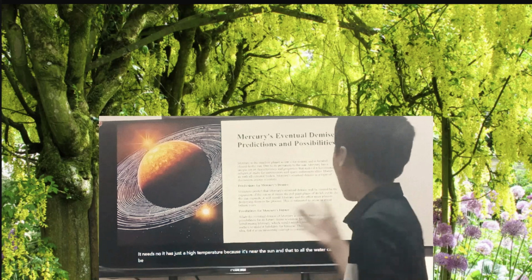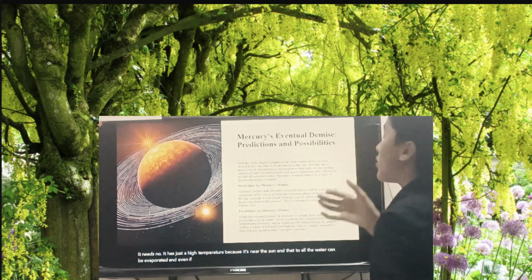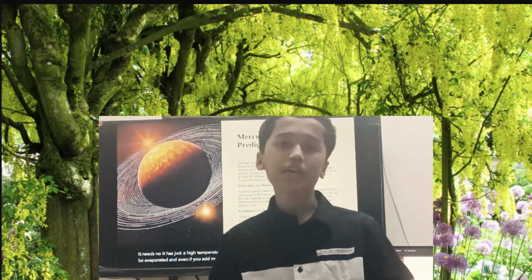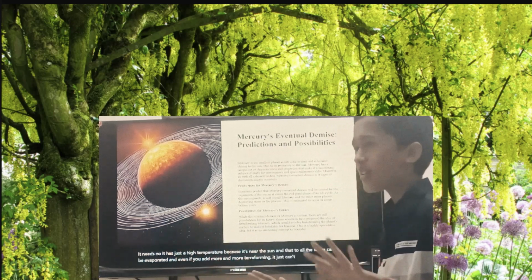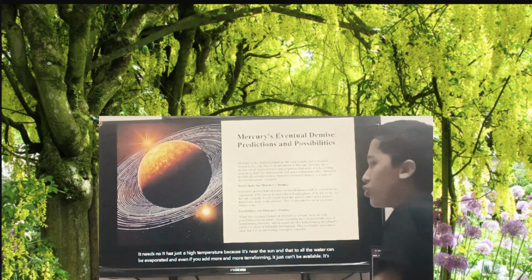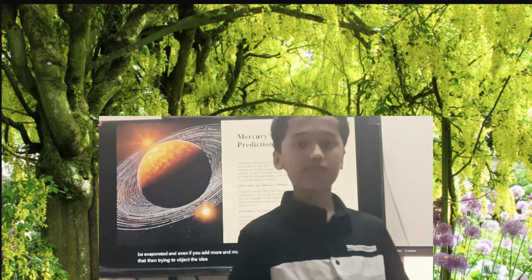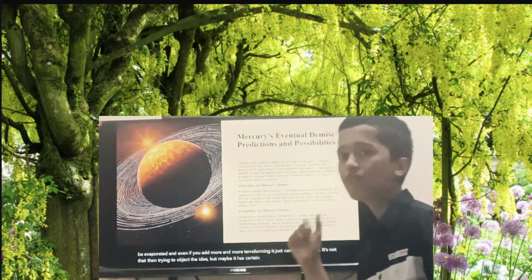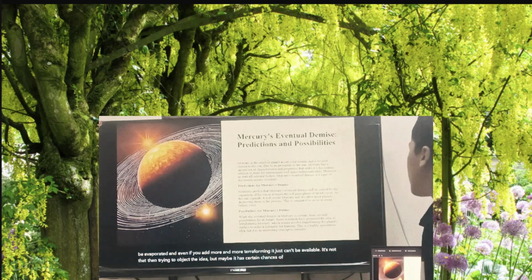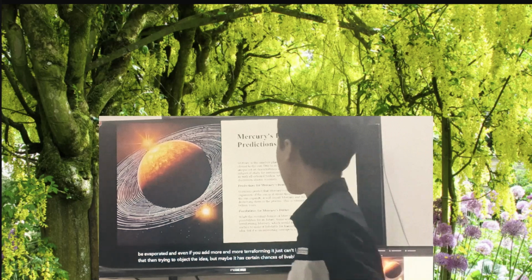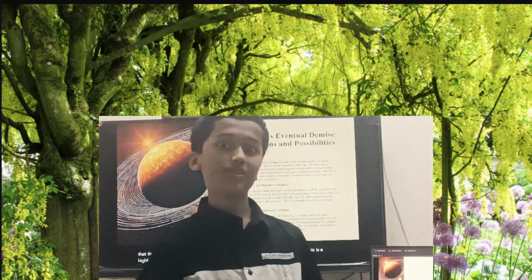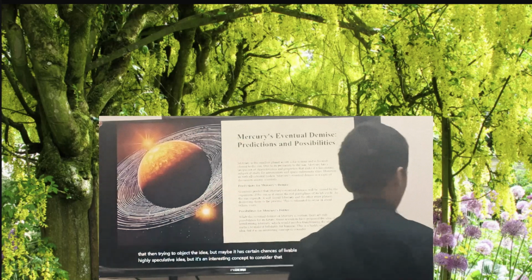And even if you add more and more terraforming, it just can't be a livable planet. It's not that I'm trying to object to the idea, but maybe it has certain chances of being livable. This is a highly speculative idea, but it's an interesting concept to consider. That's why I consider it a challenge.